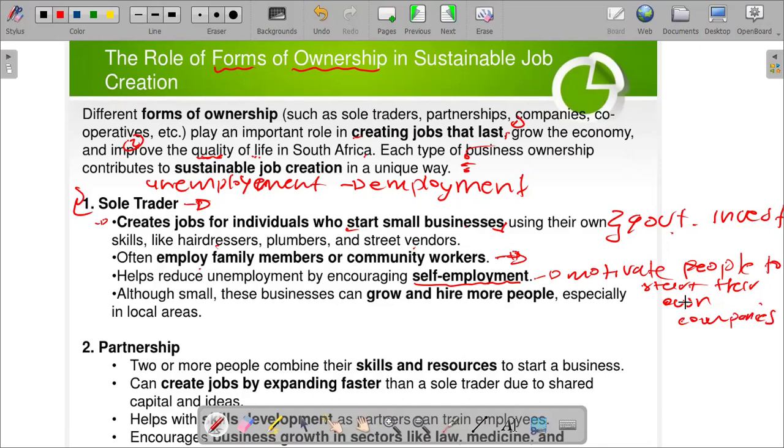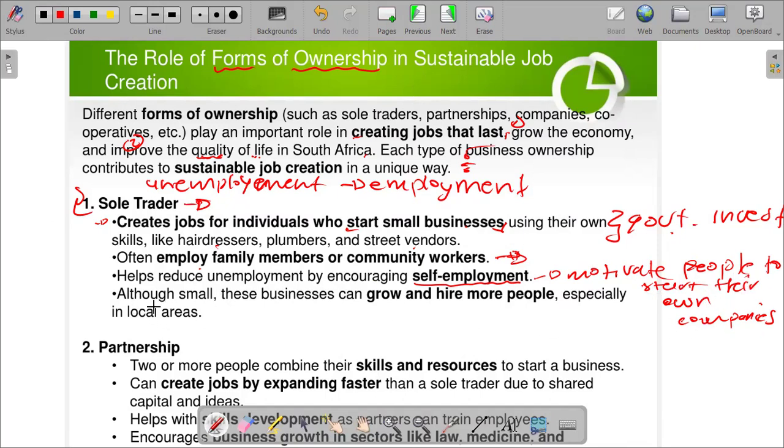So that's the third way a sole trader can help sustain job creation: helping reduce unemployment by encouraging others. Firstly, they can employ, but then they can also motivate people to start their own companies.